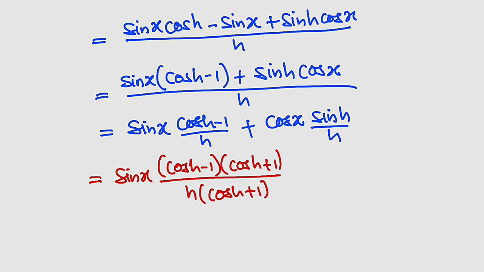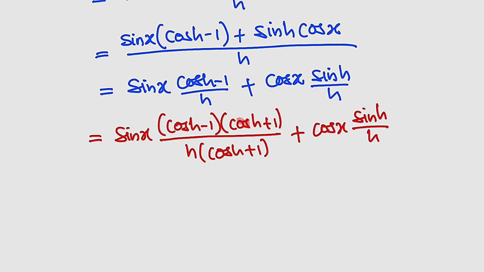I just multiply the top and the bottom by cos h plus 1. Then we have plus cos x sine h divided by h. If you observe, this is nothing but a difference of two squares.